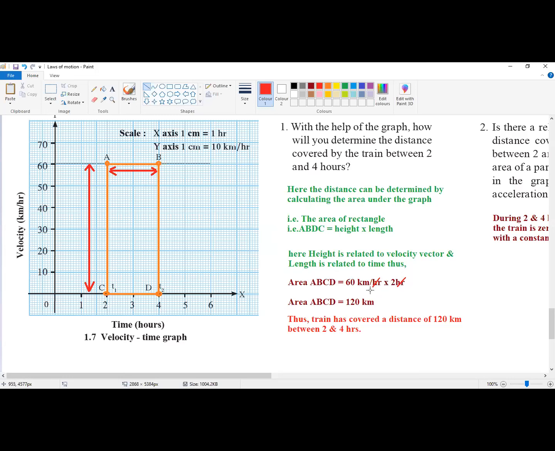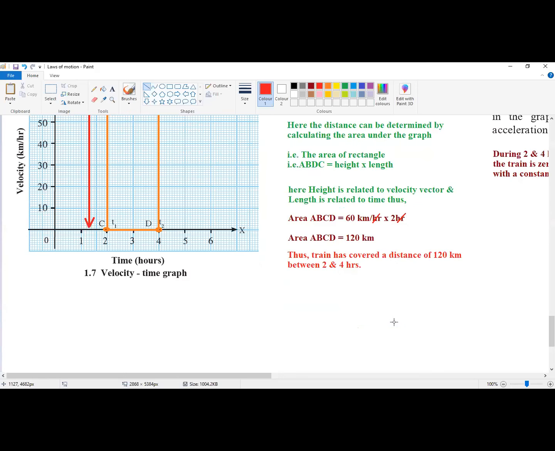The remaining part will only be 60 km into 2, which equals 120 km. So the area ABCD is equal to 120 km, and thus we can say the train has covered a distance of 120 km between 2 and 4 hours. Are you all following this? Yes, sir.